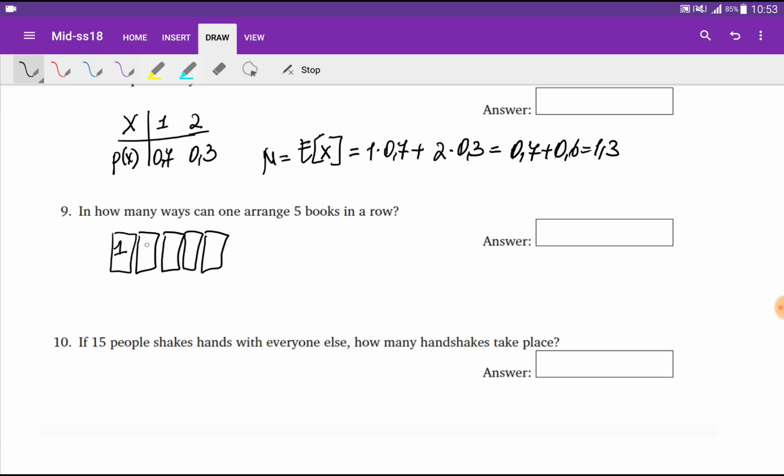So you can choose one of the 4 remaining books. So on the first place, we've got 5 options. On the second place, we've got 4 options. On the third, 3 options, 2 options, and 1 option. So the number of permutations of the 5 different objects is equal to 5 factorial.